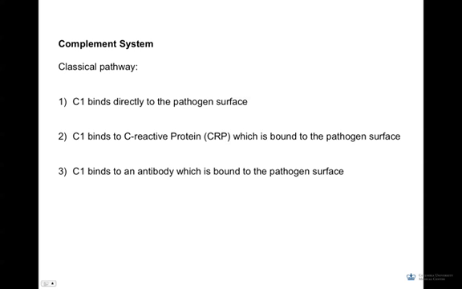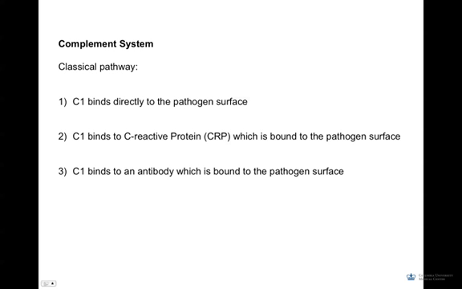In this example, we've already mounted an adaptive immune response. Our body is producing antibodies specific to the pathogen, and those antibodies make activation of complement more likely by enhancing the probability of C1 binding to the pathogen.